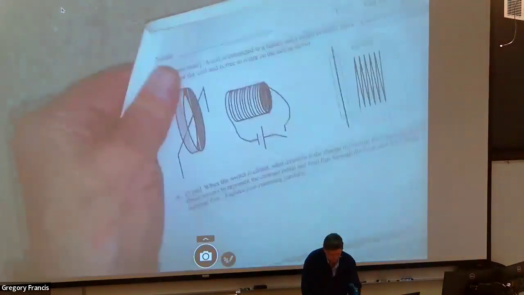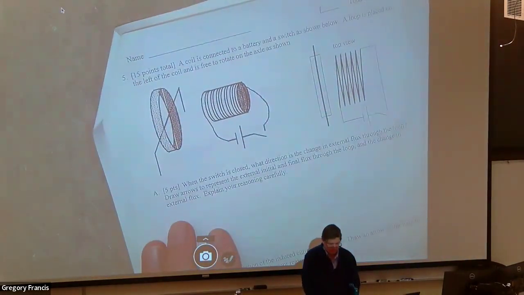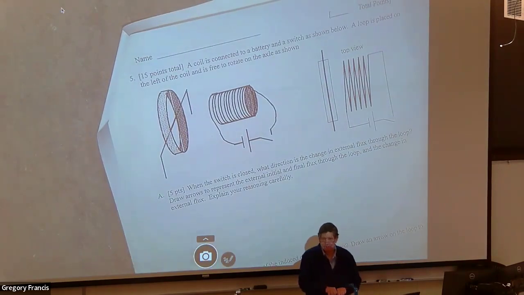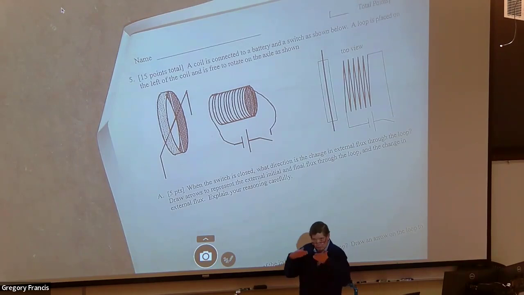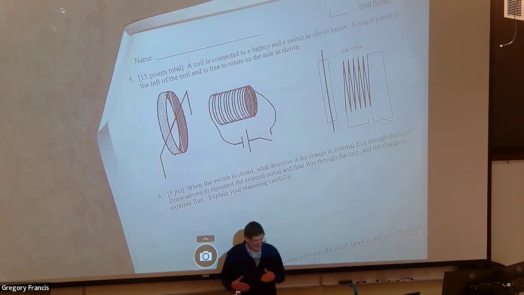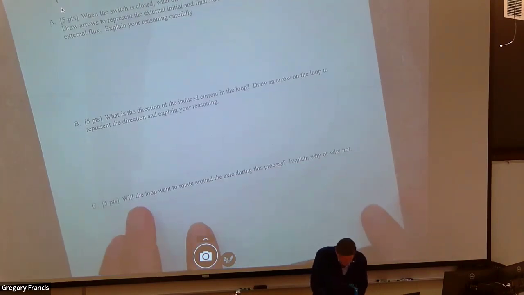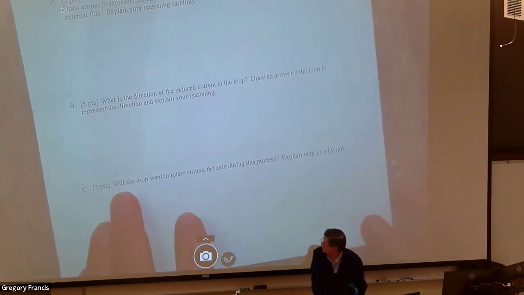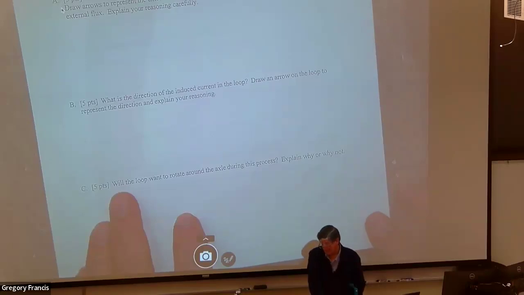Yeah, this question here was one of those things where we had a south pole against a south pole, and it was just right lined up. And you'll notice my wording on part C, will the loop want to rotate?